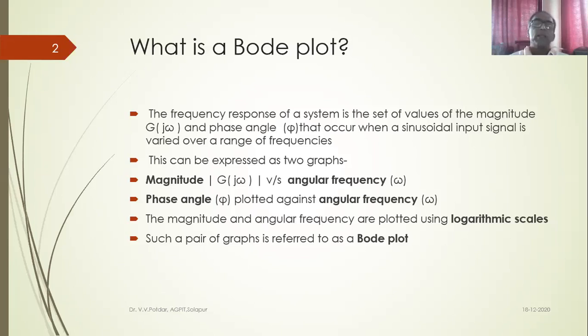Now, the Bode plot has two parts, or two graphs we draw. Magnitude of G. What is this G? G is the transfer function of a system. Now, G of S, as I discussed earlier, is the Laplace transform of my transfer function.